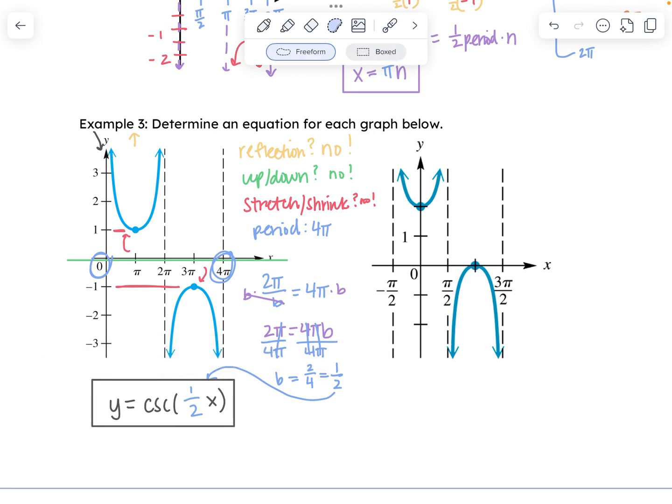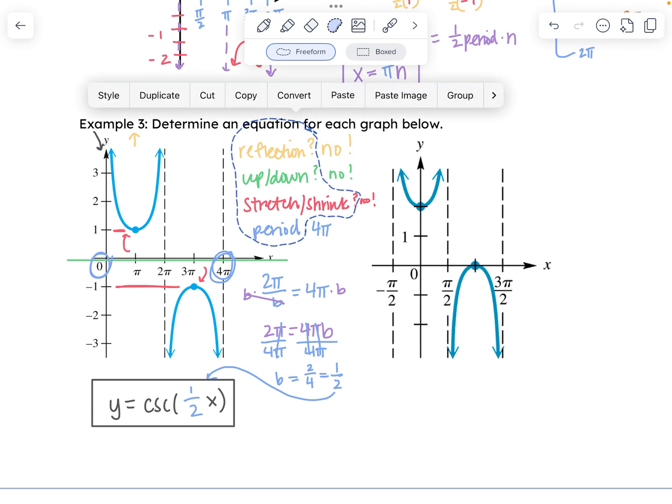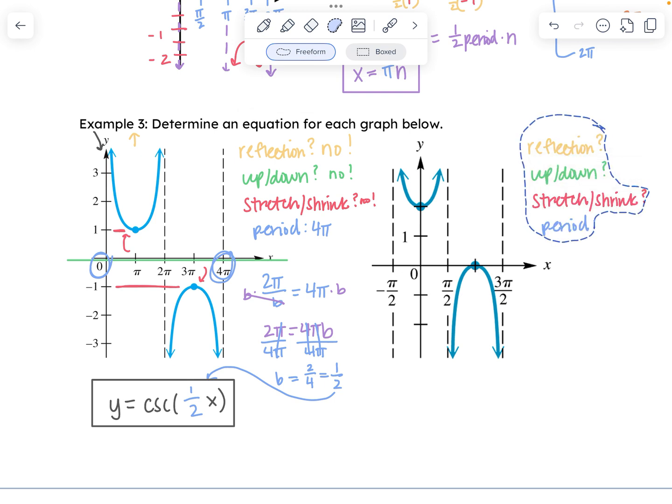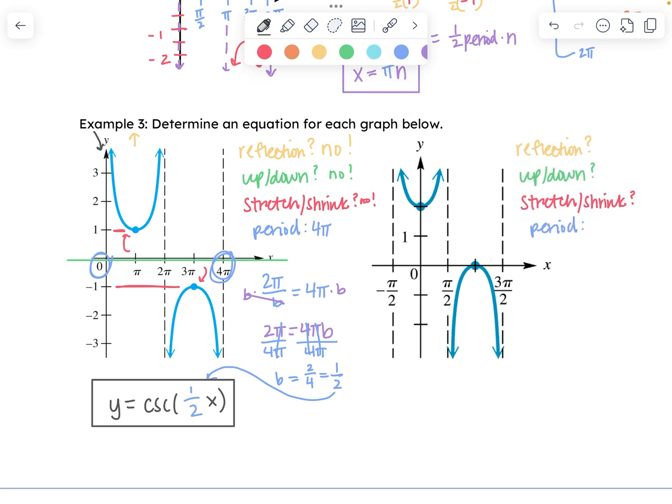Okay, so now I'm going to repeat the process over here with my other graph. First thing is what is happening at x equals 0 to figure out what type of graph it is. If I'm looking at x equals 0, I've got a point, which means we're looking at a secant graph, as opposed to having an asymptote, which would make it a cosecant graph.